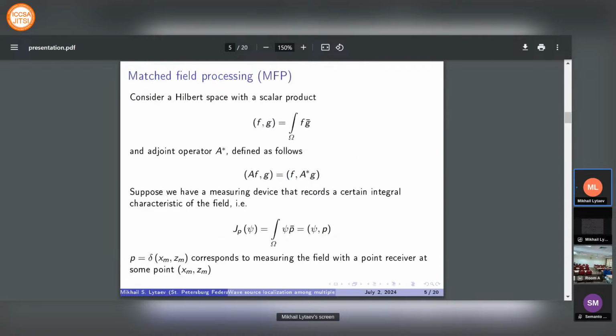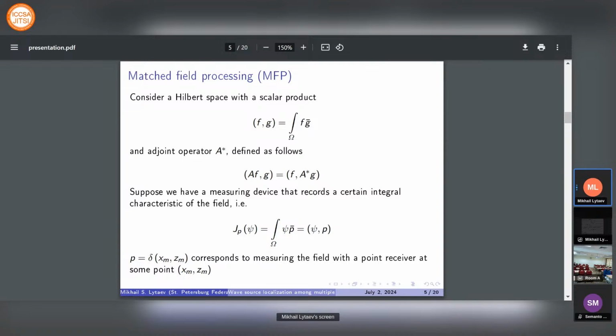The most commonly used approach to all kinds of such inverse problems is the matched field processing. Here we formulate it using the adjoint method.